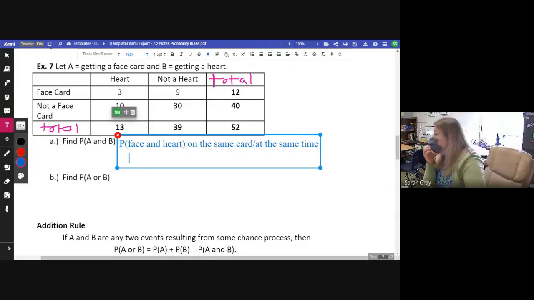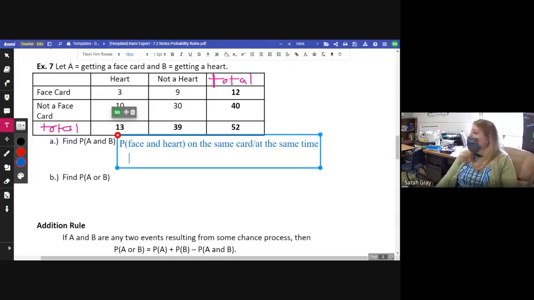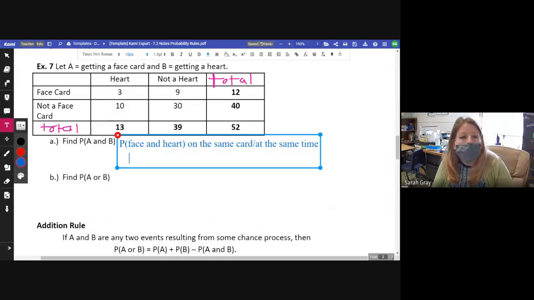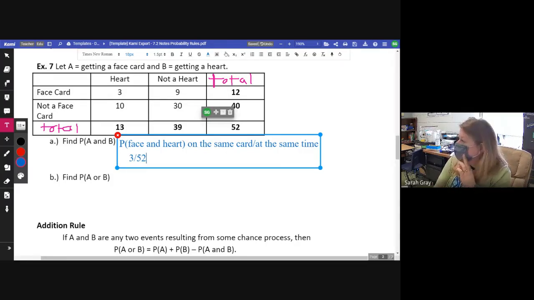What is that probability? Not 3 out of 12. 3 out of 52. There are 3 cards that are face and heart at the same time. There are 52 cards total. You have a 3 in 52 chance of picking up one of those cards.